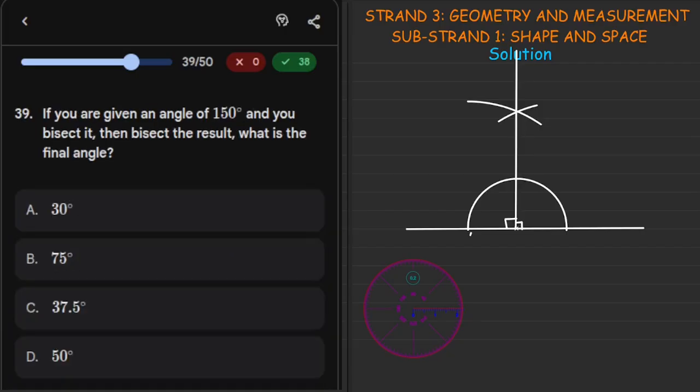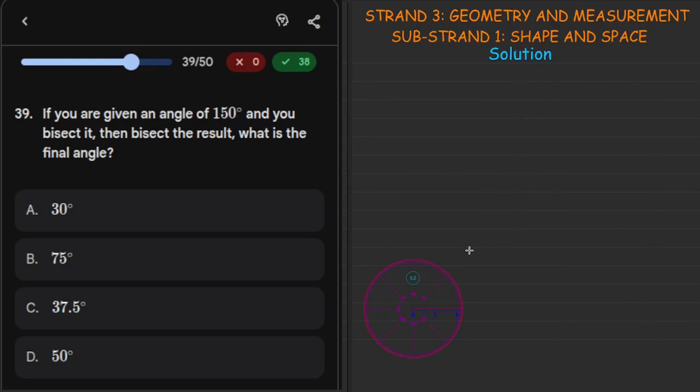Question number 39. Our next question says, if you are given the angle 150 and you bisect it, then you bisect the result again, what do you get?